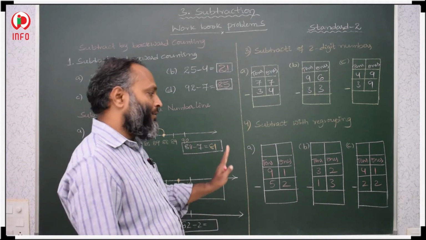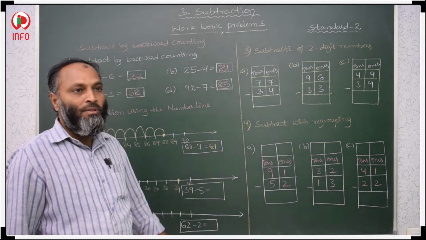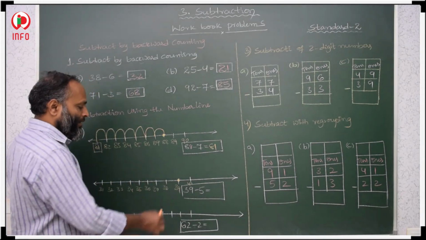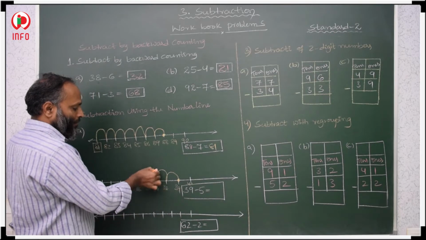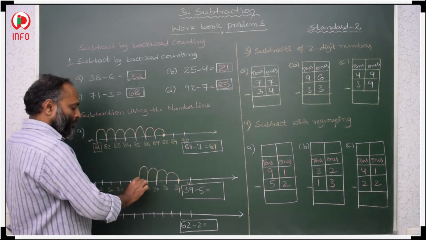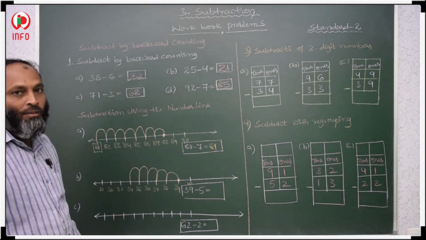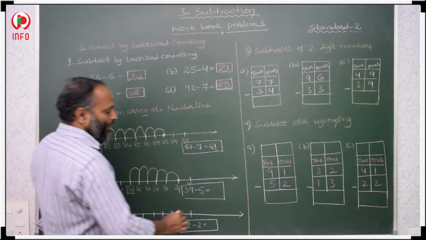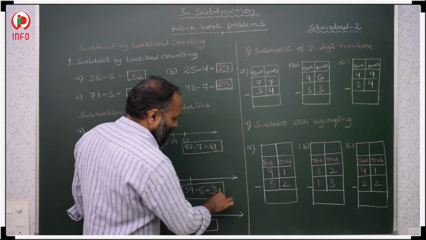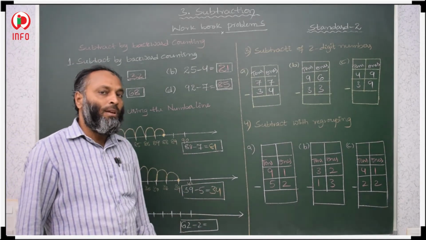Minus 5 means we have to move 5 places to the left: 1, 2, 3, 4, 5. The answer is 34. 39 minus 5 is 34.